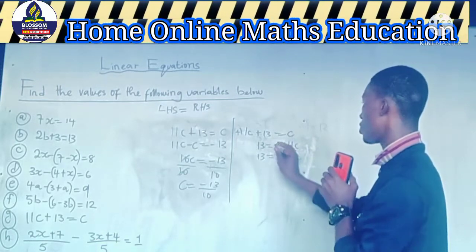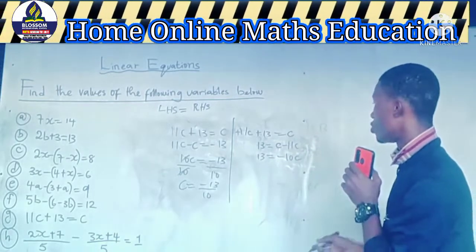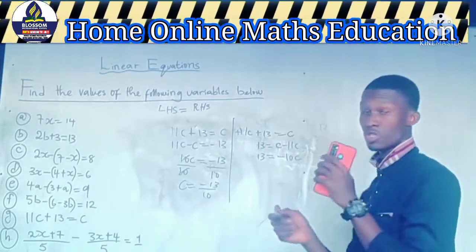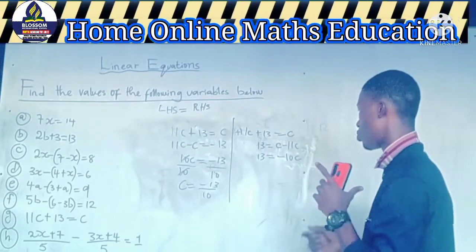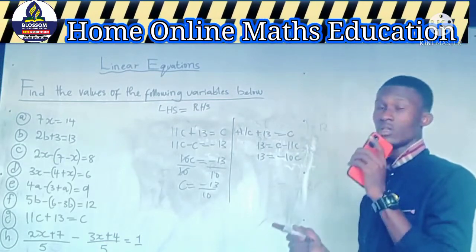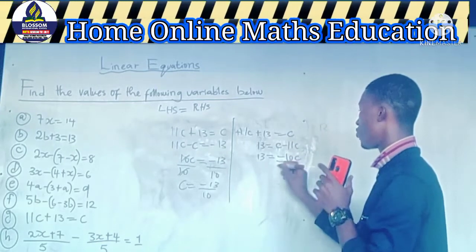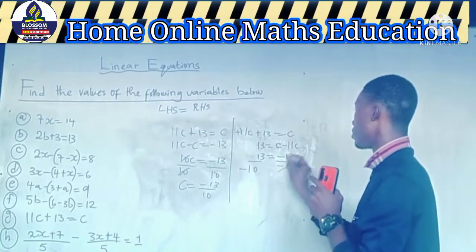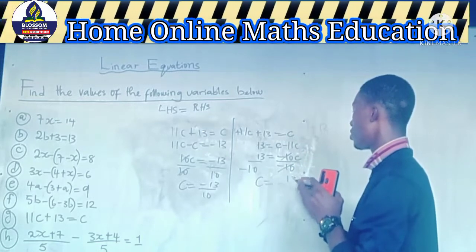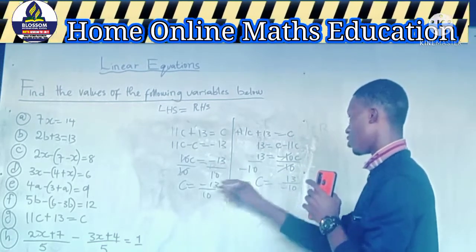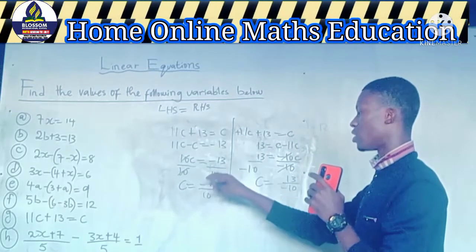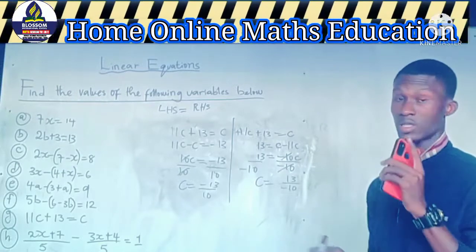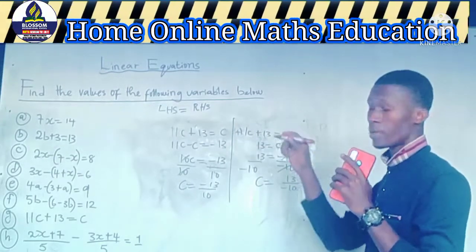Why negative 10? Because it's a positive number over here. So when you say 1c or just ordinary c minus 11c, it's surely supposed to give us negative 10c. So the next step to take is to divide both sides by negative 10, and after doing that, c becomes 13 over negative 10. It doesn't matter whether the negative sign is up or down, we are still getting the same thing because the negative sign equally affects both the top and the bottom.